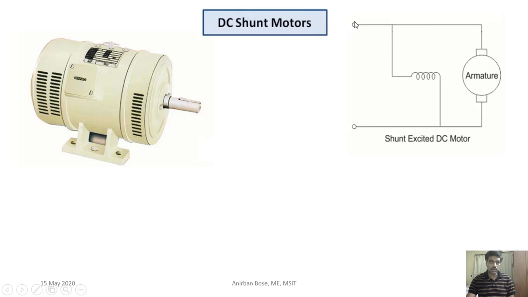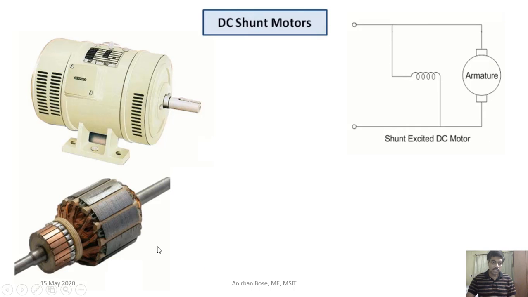Here you can see from the common DC source the field current is creating the stator electromagnet, and this is the armature where the shaft is connected. Both are connected in parallel, and that is why it is the shunt motor: the field winding, which is the stator winding, is parallel to the armature.